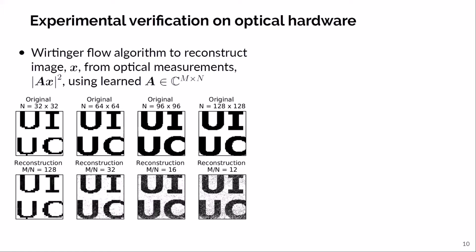And so we try and reconstruct X from AX absolute value squared using the learned A. And so the top row are the original images, and the bottom row are reconstructions for images of various dimensions and various oversampling ratios. And so we can see that we're actually recovering physically plausible and viable transmission matrices, and we're able to do real imaging and use existing algorithms to do imaging using our learned transmission matrices.